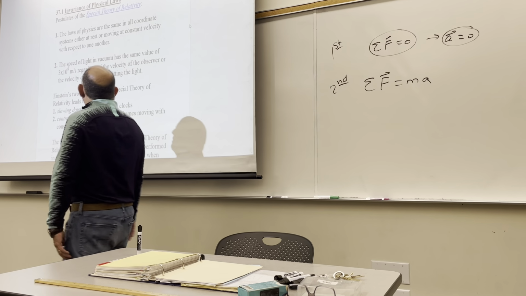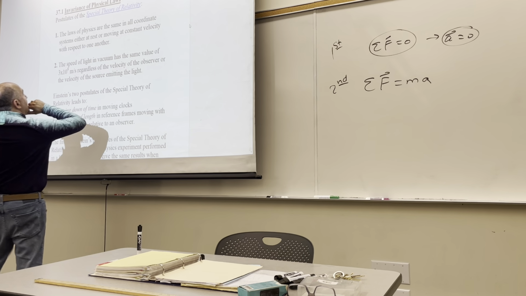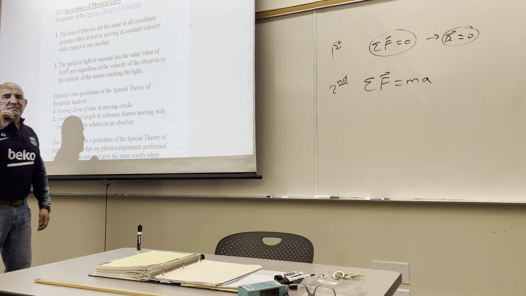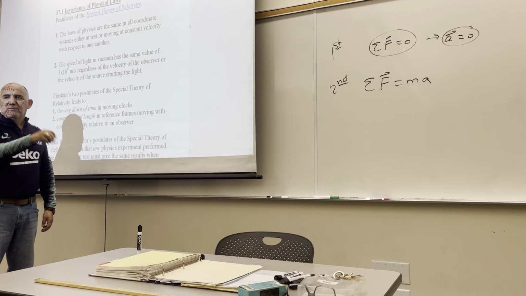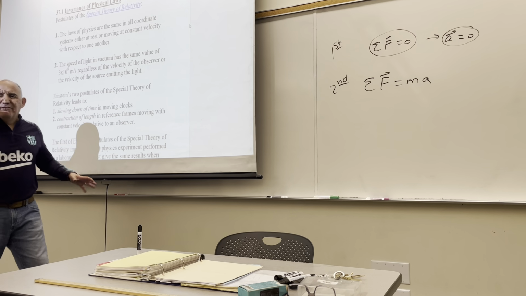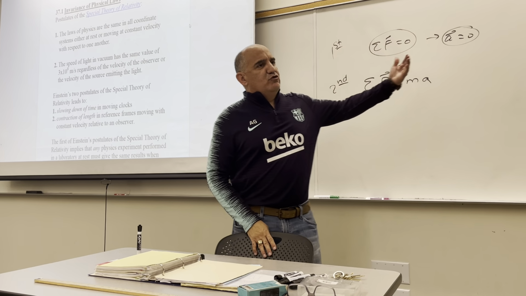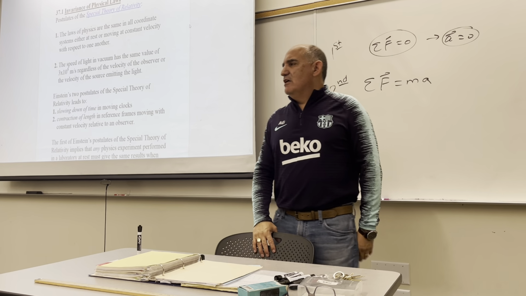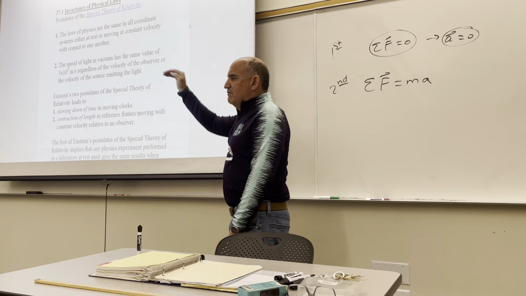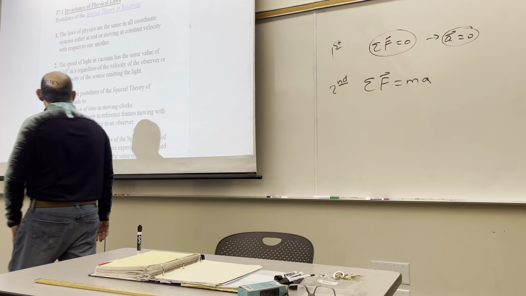So Einstein said that the laws of physics in any inertial frame of reference are the same. They're all equally valid. So the laws of physics in this room are equally valid in a train that moves at constant velocity, equally valid in an airplane that moves at constant velocity, just constant velocities, no accelerations.